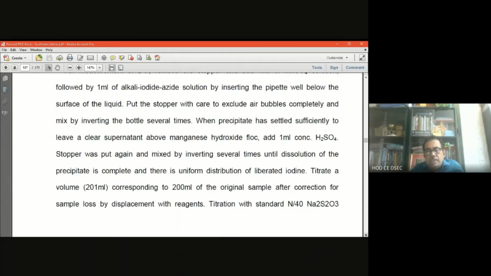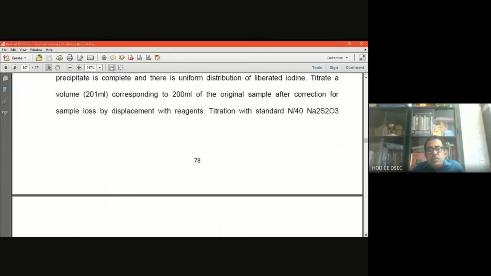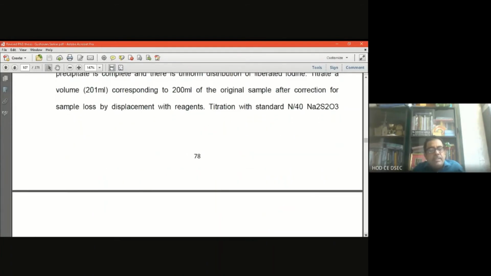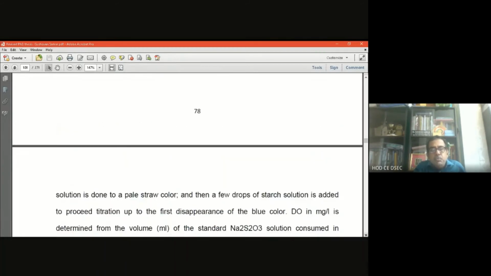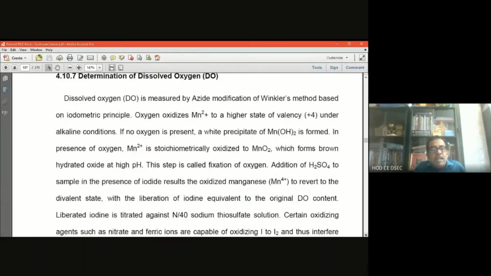Titration is done with N/40 sodium thiosulfate, Na2S2O3, using starch solution as the indicator, till the blue color disappears, and then the DO is found out from the titration volume using the standard sodium thiosulfate.